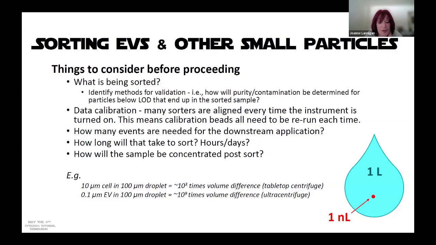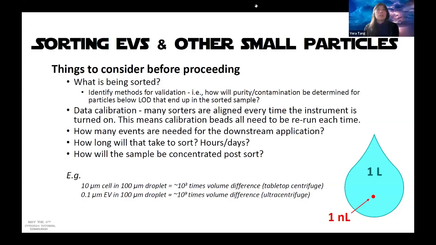Just like we know with cells, if we set our threshold too high to get rid of debris and red cells and platelets, the sorter can no longer see those, and they can't make a sort decision, and those particles randomly end up in your sample. The same principles apply here, but the only thing is it's not what you're setting your threshold at. You're probably at as low as you get, but there's still stuff that's not going to exceed that threshold.